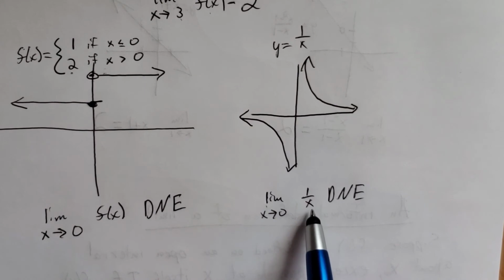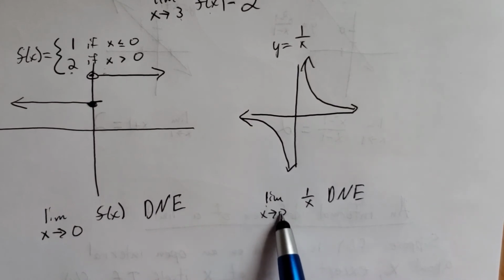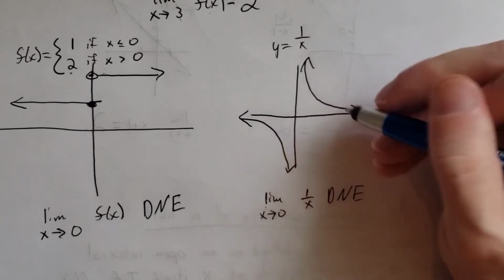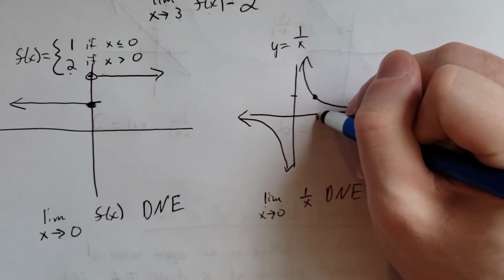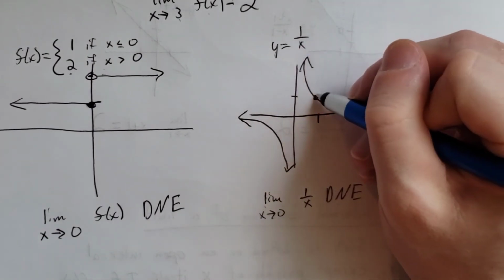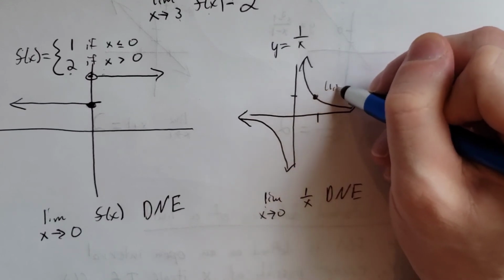Now, for clarification, if I ask for the limit as x approaches any other value besides 0 here, the limit would exist. So if I asked for x equals 1, if we just plug this into the function here, this is the point (1, 1).